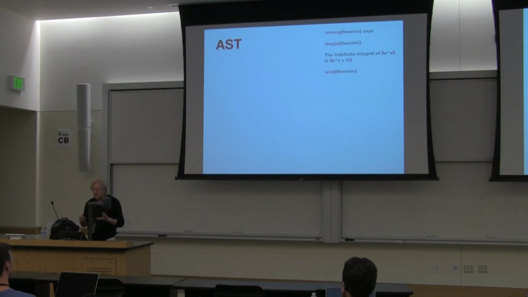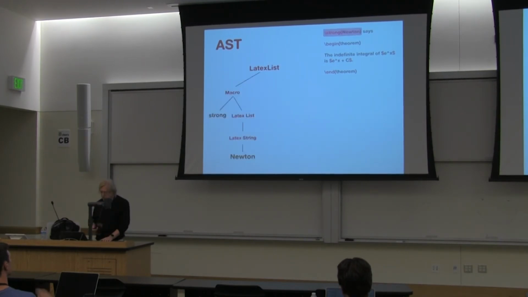Now let's see how this relates to the abstract syntax tree. So on the upper right, you see a piece of LaTeX source text, and I'm going to show you the corresponding syntax tree, which is compatible with this grammar that I began to sketch. So we begin with a start symbol.